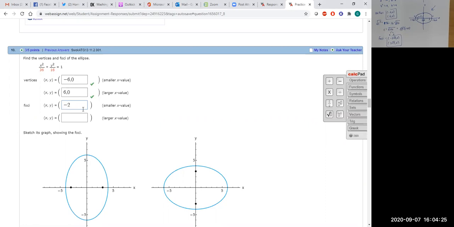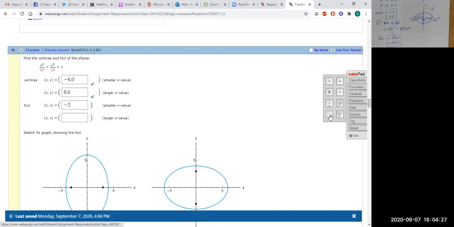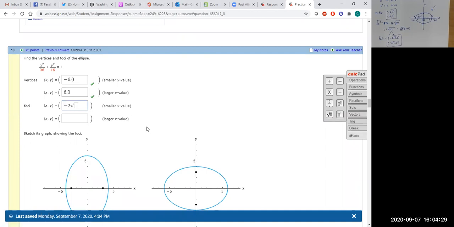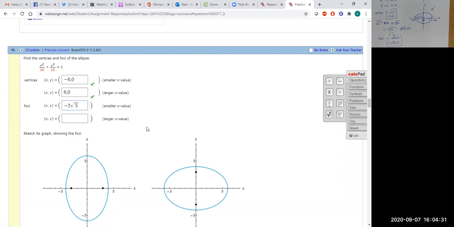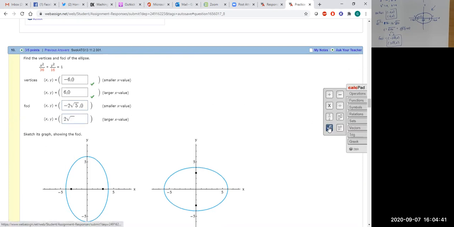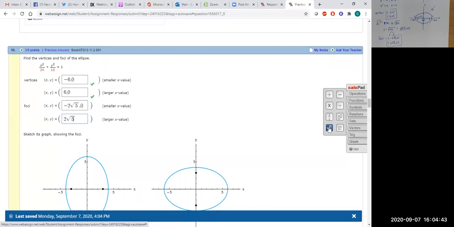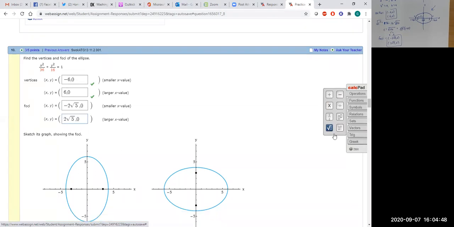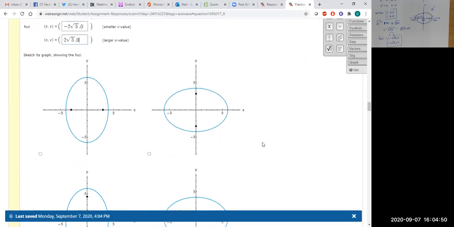So here I have to go into my palette, get the square root sign, put a 5 in there. Go outside the square root sign, put comma, 0. And then 2 square root of 5. Comma 0.